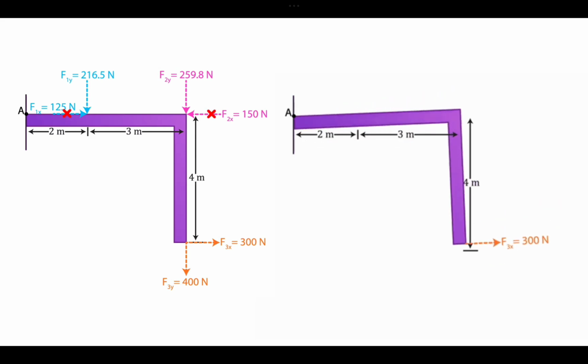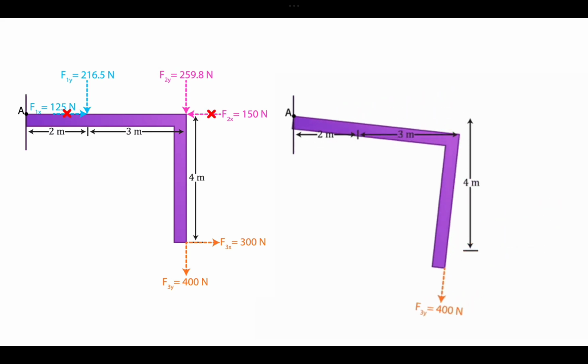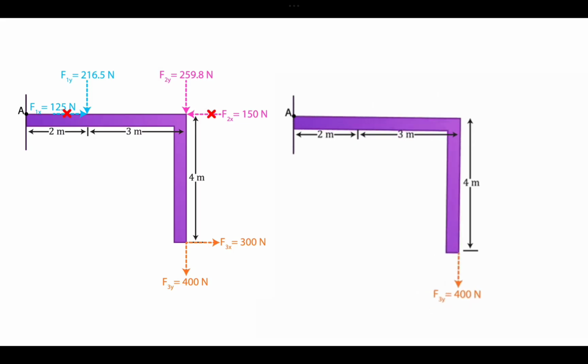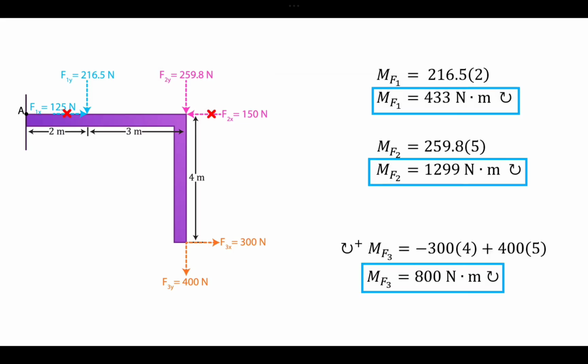Okay, so I hope this is clear now. Let's calculate the moments. For the first force, F1y, the line of action is this, and the perpendicular distance is this one, which is given as 2 meters.